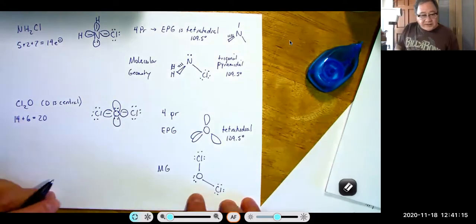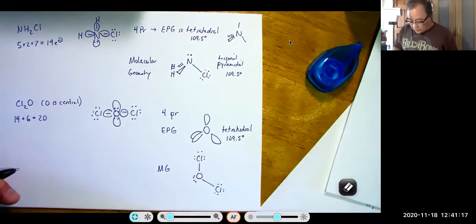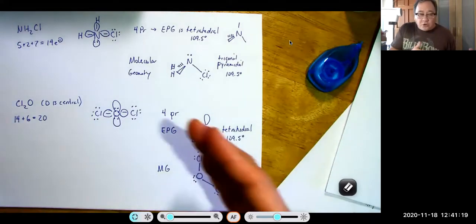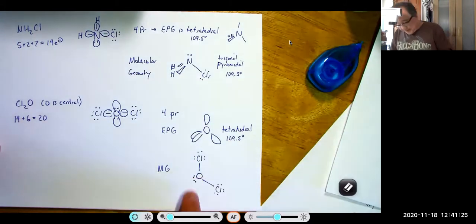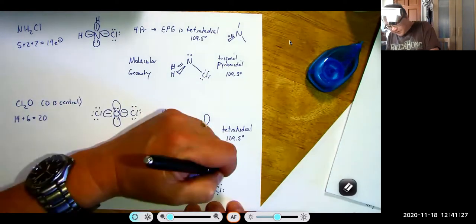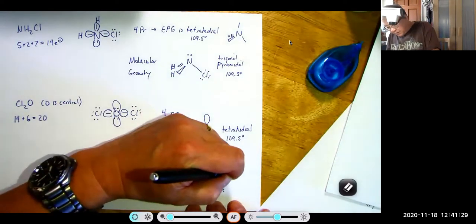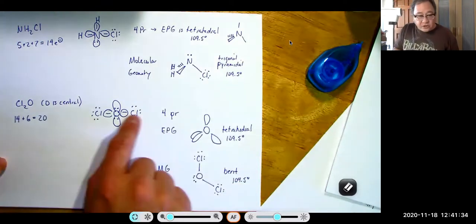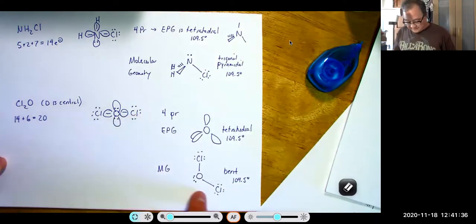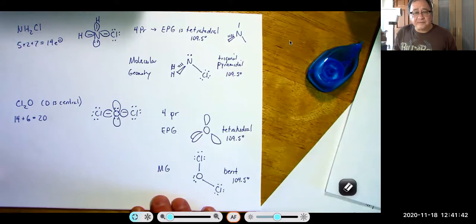And what do we call this geometry where the lone pairs don't stick out into space and make this tetrahedral, but they're kind of like a little cap on the oxygen? And the answer is, we call this bent, and the angle is about 109.5. So again, here's where a linear Lewis structure ends up being bent. Are there any questions here? Are we okay on that one?